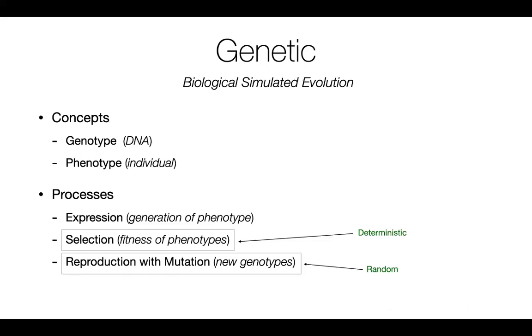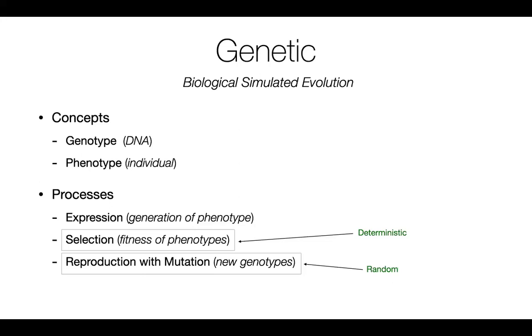So now I'd like to talk about the genetic procedural model. Basically, this is very powerful because it's a simulated evolution of biology. And we know that in nature we have plants and animals and other organisms that undergo a growth process and evolve.